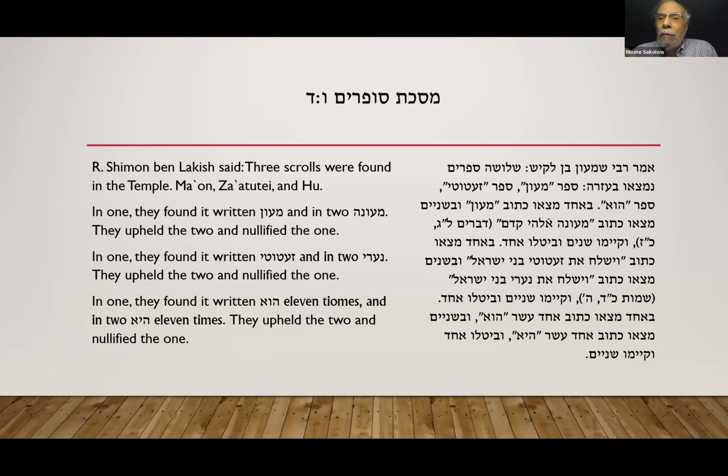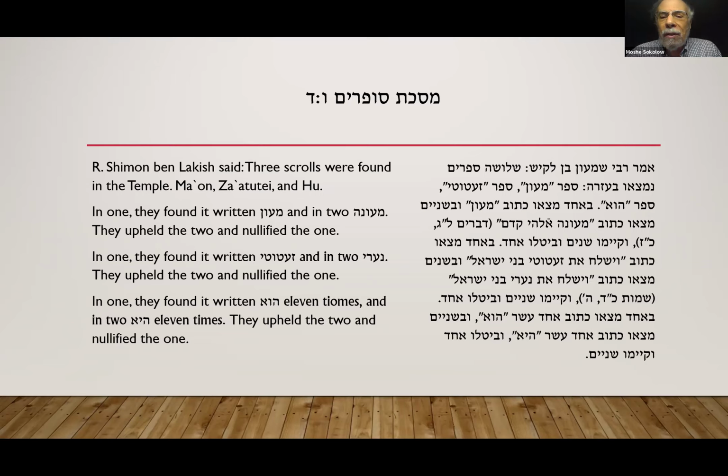It appears at the very end of the Torah, at the end of Moses' blessings to the Jewish people. It's the part of the Torah that we read for the Chatan Torah, for the conclusion of the Torah reading on Simchat Torah. And in our texts, the word is not ma'on, but me'ona. Nevertheless, what this text tells us is that at some point during the Second Temple period, there were Torah scrolls which read the word as ma'on instead of me'ona.